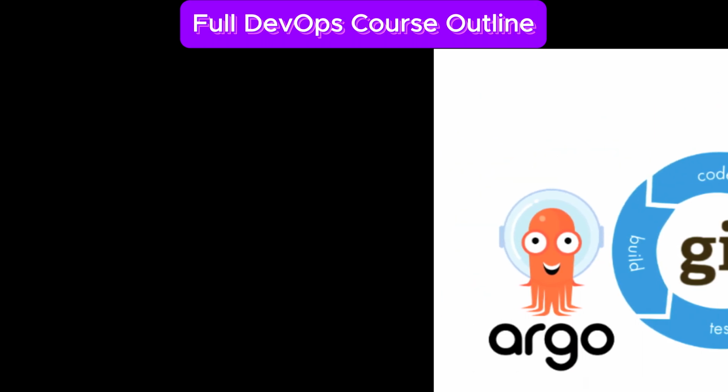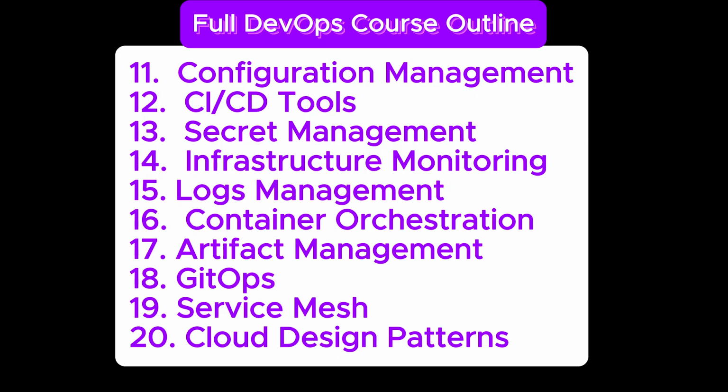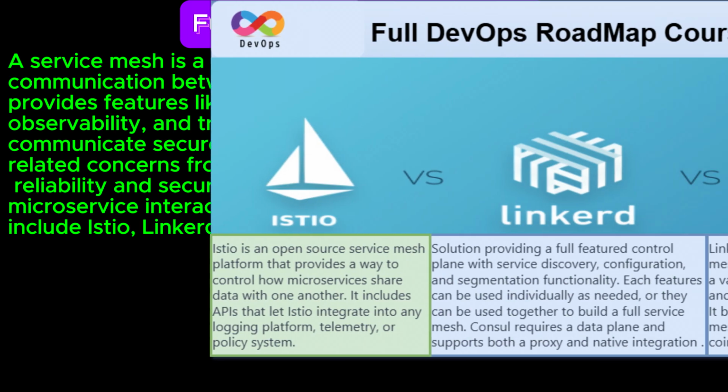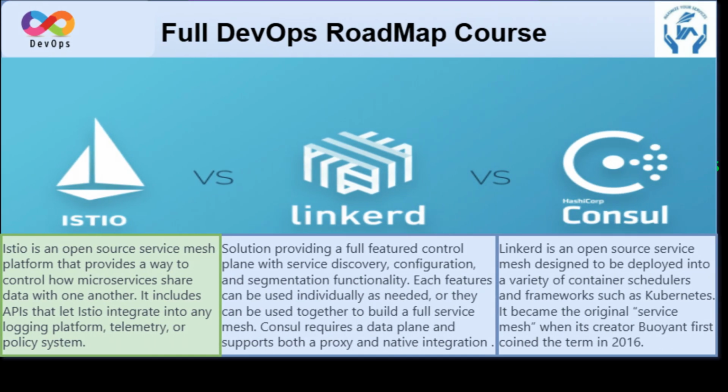Guys, then you must have knowledge about service mesh. For service mesh, you have to know about Istio, Consul, Linkerd, or Envoy. So we will be using Istio or Consul in this tutorial. Actually, Istio is an open source service mesh platform that provides a way to control how microservices share data with one another.